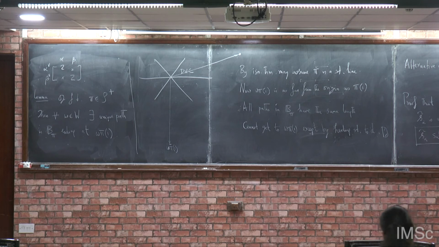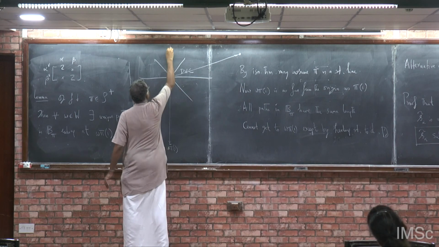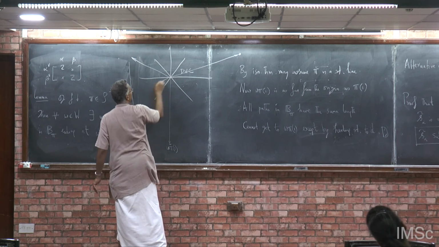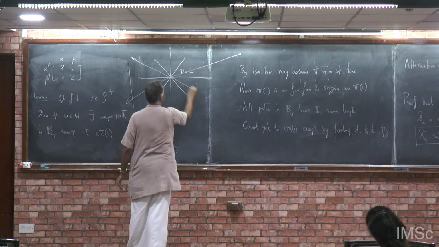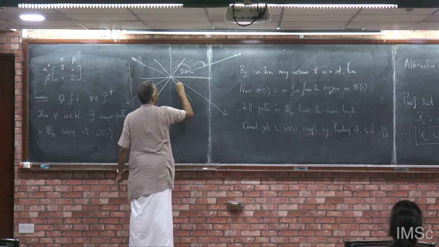In that example, to the other conjugates it was a straight line. In general, the picture will be like this. All these things will be straight lines, and in between there will be lots of paths.